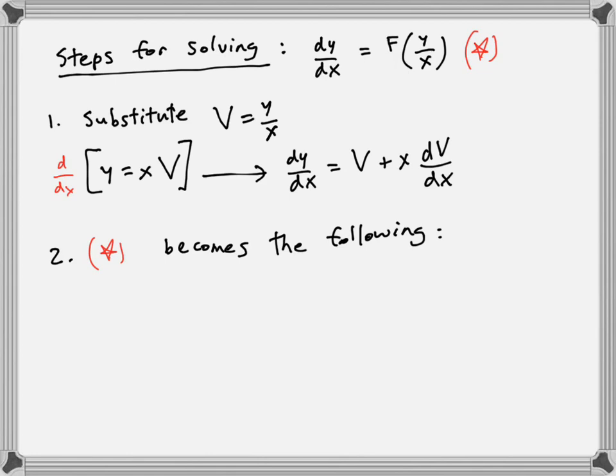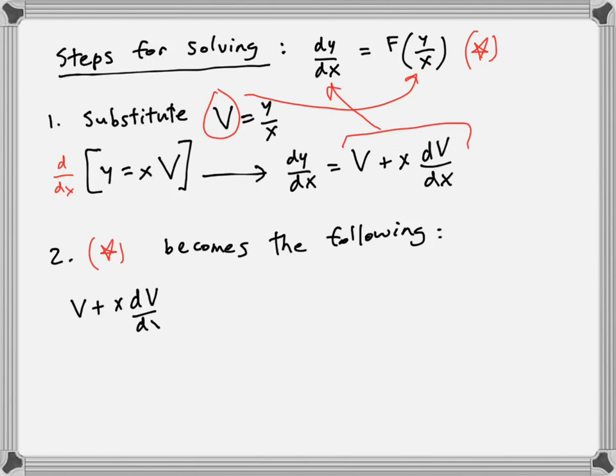Remember, dy dx we're going to replace with this, and this v is going to go in here, and so we end up with v plus x dv dx is equal to f of v. So this is what we get.